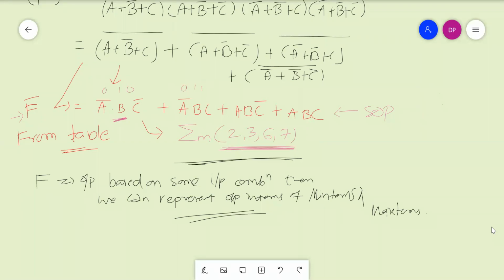Sir, 38. What is your number? 38, sir. Roll number 38. B10 CR. Sir, B10 CR, sir.